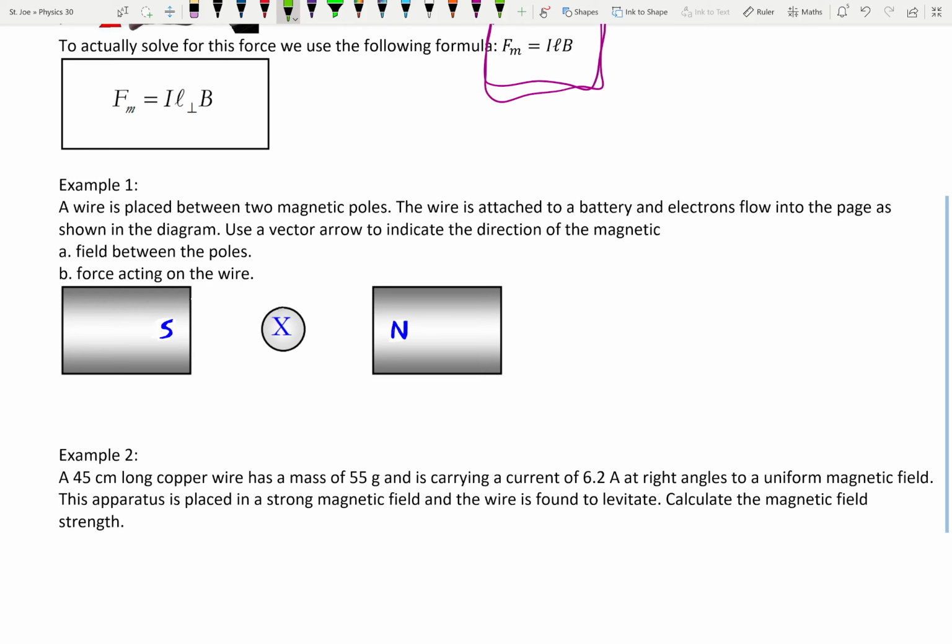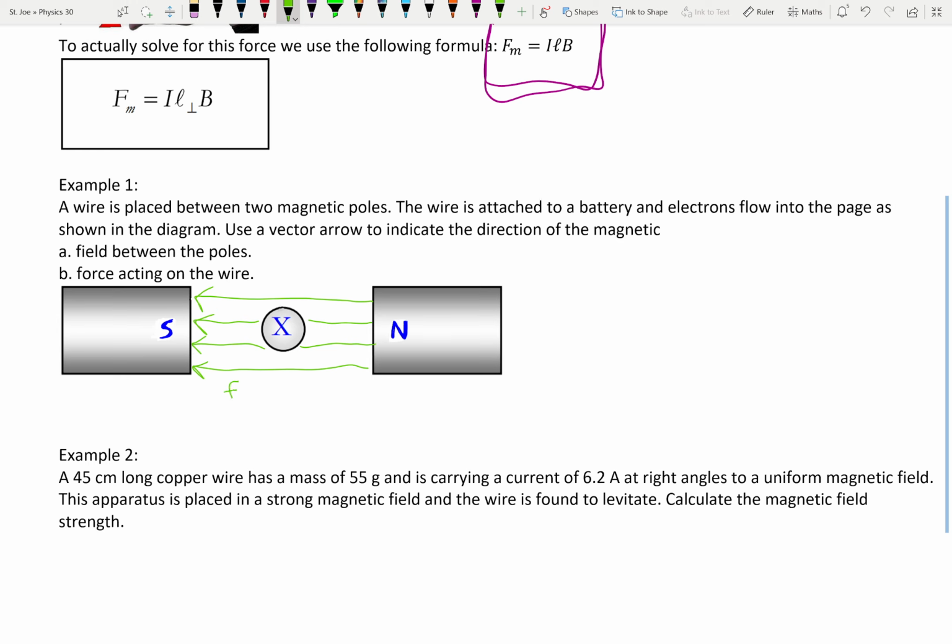All right, so you're noticing a few things here. Your magnetic field lines are going this way. So I'm going to maybe draw 4 of them to represent that you're using all 4 fingers pointing in this direction. Okay, now the electron flow is going into the page, so that means that's your thumb.